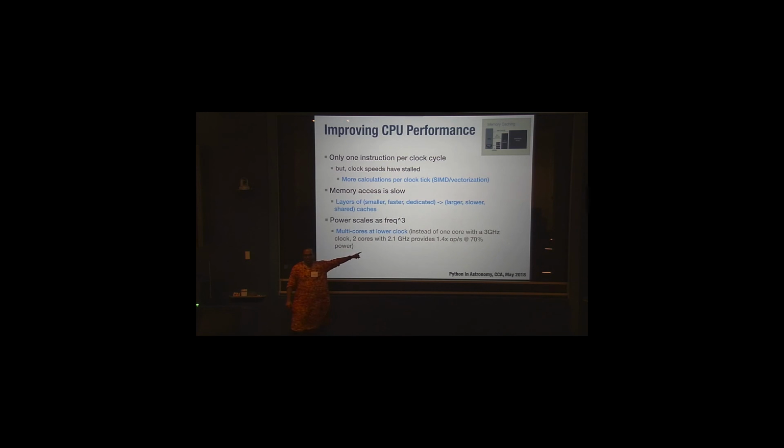So I did this math. It is correct, but you can get better performance out of more lower frequency cores. So if you're getting the data into the CPU efficiently, and you're using vectorized operations, then you're getting higher floating point operations per clock cycle, which is per watt.